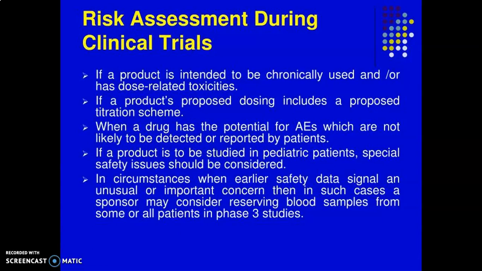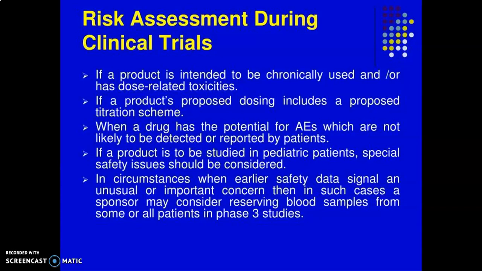Now coming to the other risk assessments: if a product has side effects that are chronic, or has dose-related toxicity, that also will be analyzed. If a product's proposed dosing includes a proposed titration scheme, that depends on the physiological parameters also. We will be comparing the dose.